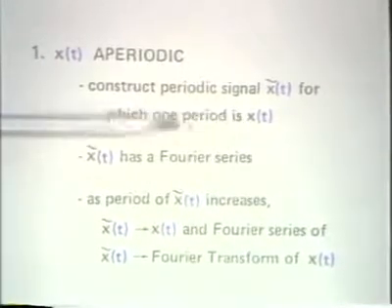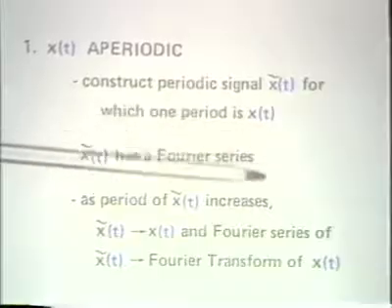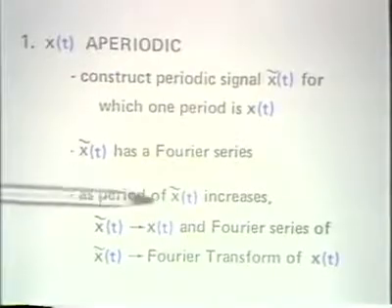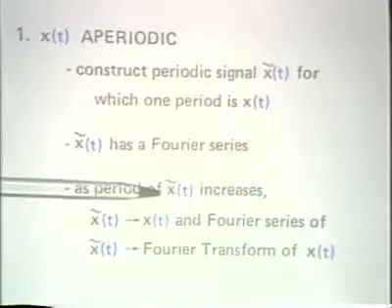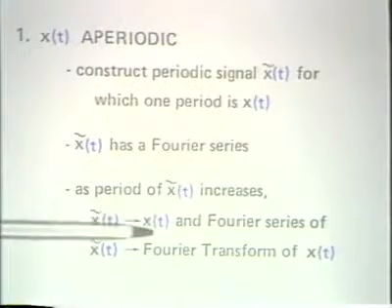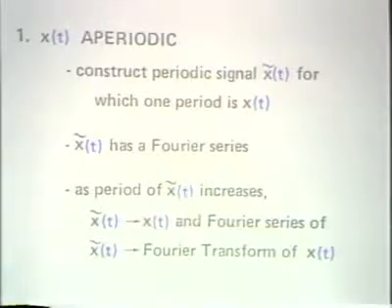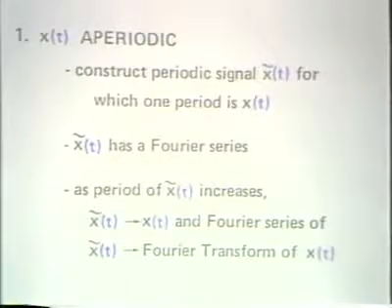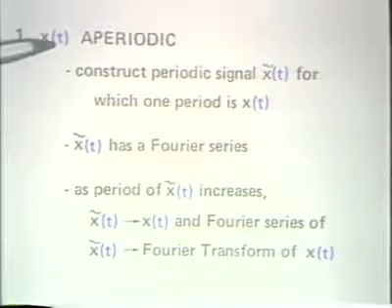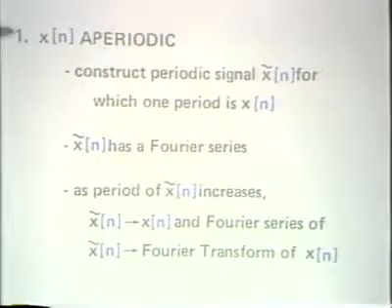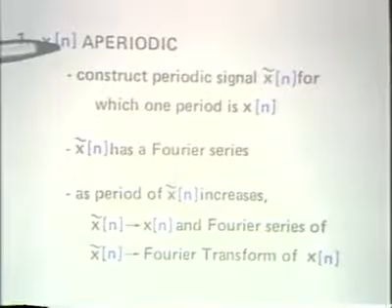Since the periodic signal has a Fourier series, and as its period goes to infinity the periodic signal represents the aperiodic signal, the Fourier series provides us with a representation. Now, we can do exactly the same thing in the discrete time case. The statement is exactly the same, except that instead of t as the independent variable, we use our discrete time variable n.